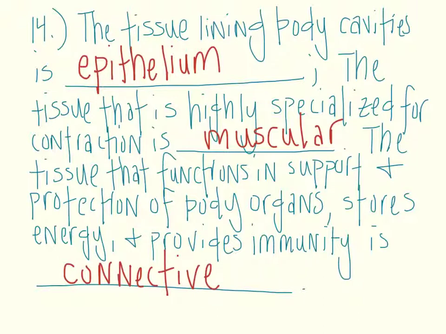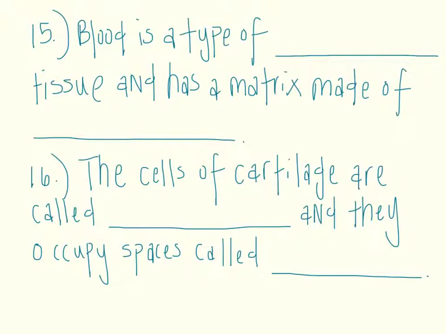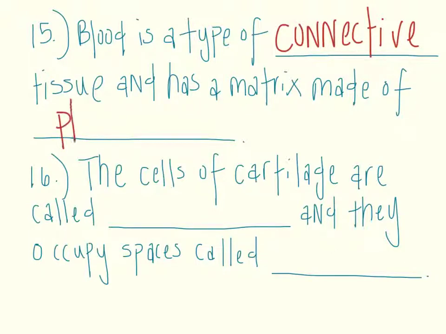So these are just your basic tissue types. Blood is actually a type of connective tissue, and its matrix is made out of plasma. So its matrix is liquid. It's one of the few connective tissues that has a liquid matrix.